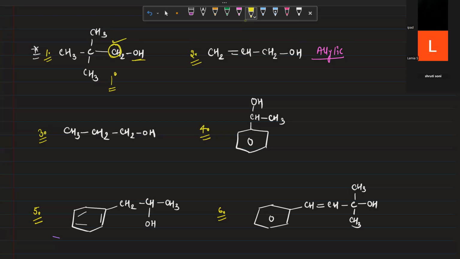Okay, I have vinylic, and then allylic is connected to it, but not directly. It has a double bond, but it's not directly connected. There is one carbon more in this case as compared to vinylic.